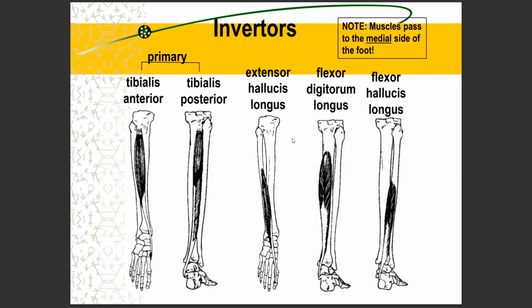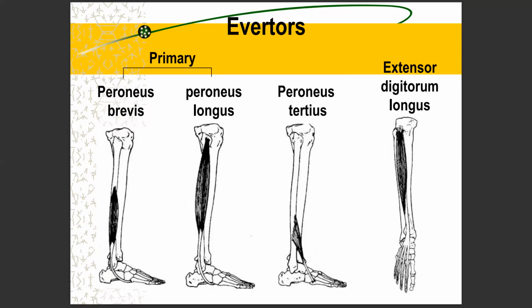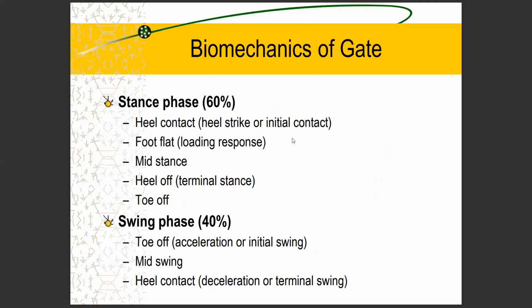The accessory muscles helping these two are the extensor hallucis longus, the flexor digitorum longus, and the flexor hallucis longus. The primary everters are the peroneus brevis and the peroneus longus, while the peroneus tertius and extensor digitorum longus also help these two muscles during eversion of the foot.